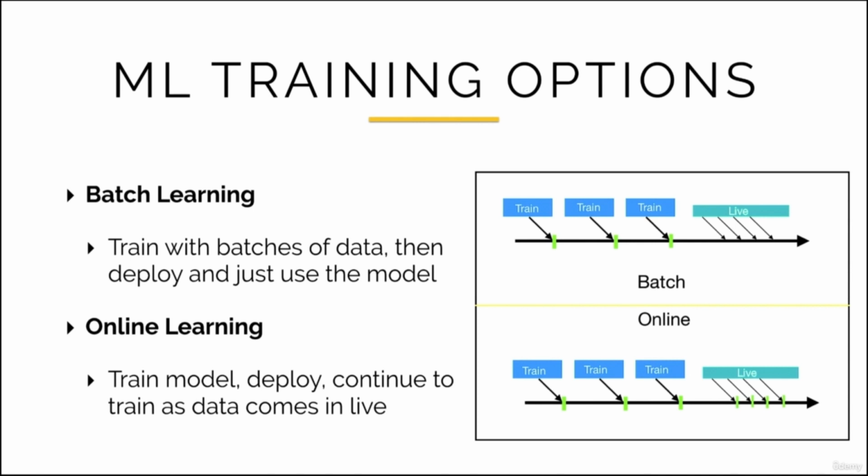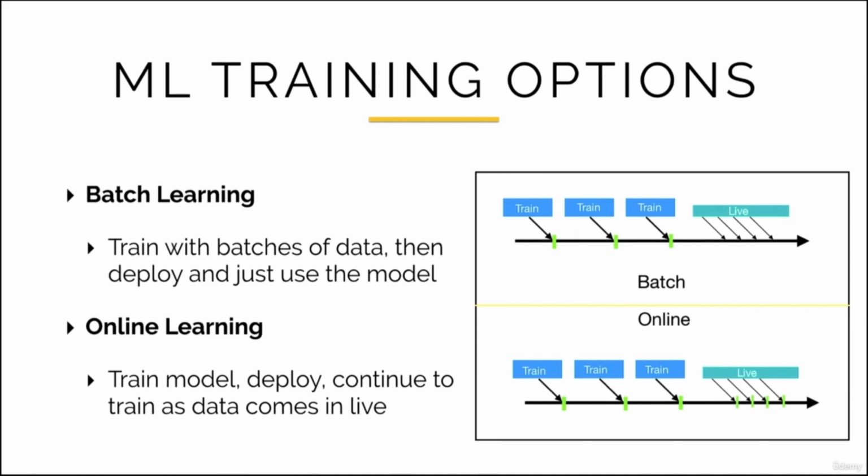So you train your model several times and continue to make improvements, and at some point you decide it's performing very well, let's put it into production, or let's make it go live. Then you have live data coming in, but at this point your model isn't changing anymore. Your model is fixed beforehand. The data comes in and it just outputs its prediction or whatever the model is supposed to do.